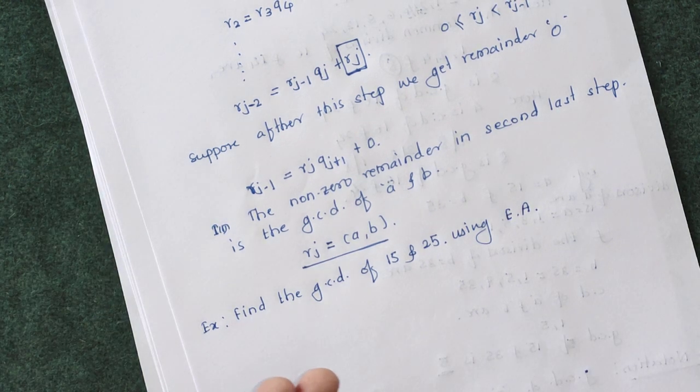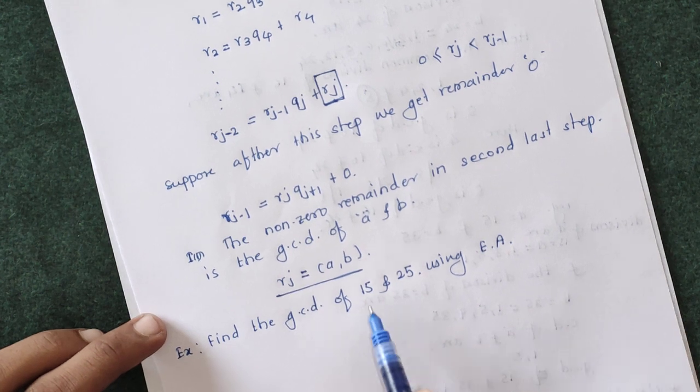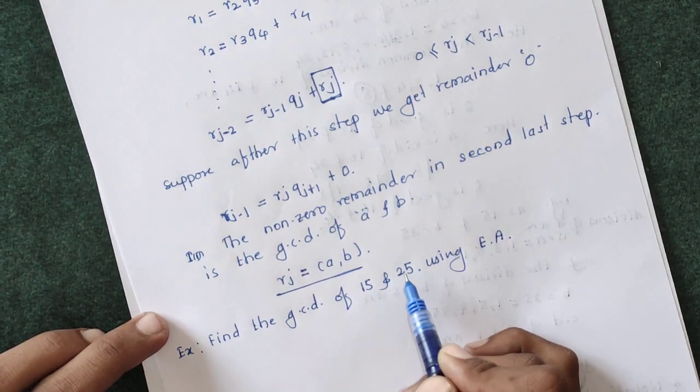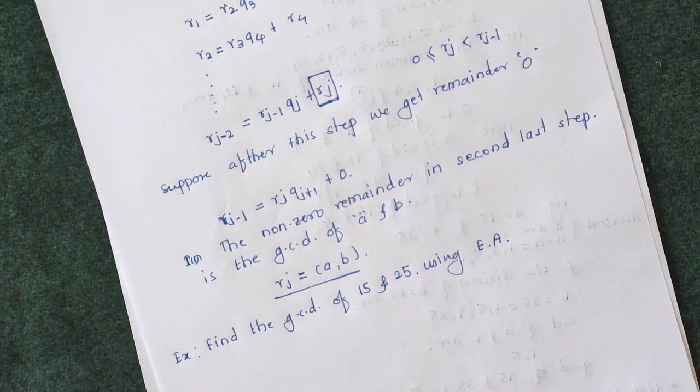To find the GCD of 15 and 25, we need to apply the division algorithm. Simply we can find the common divisors of both and the greatest among the common divisors, but these numbers are small. For larger numbers, such as 4-digit or 5-digit numbers, we can't simply find the common divisors and take the greatest among those. We have to use this Euclidean algorithm.